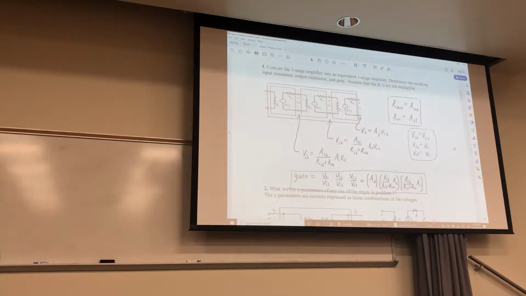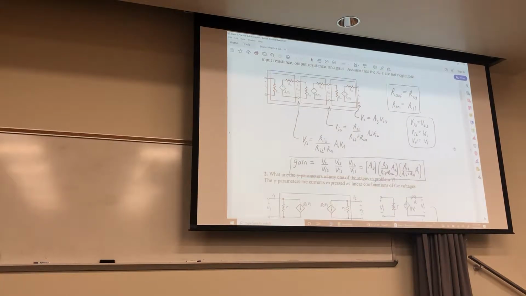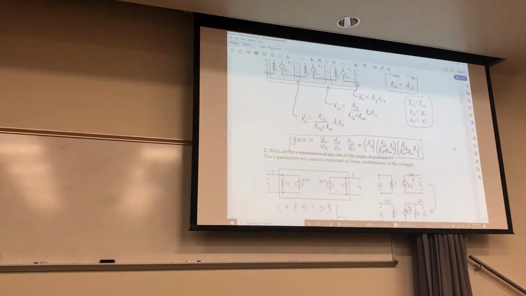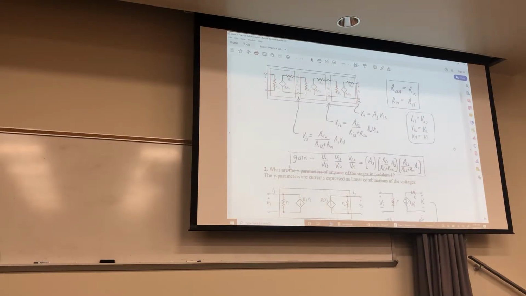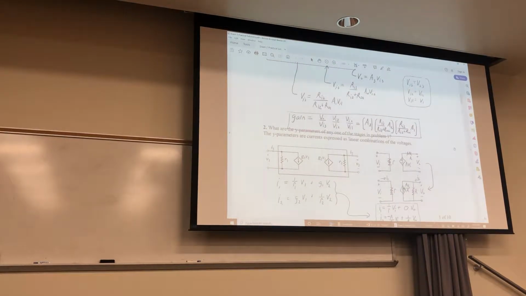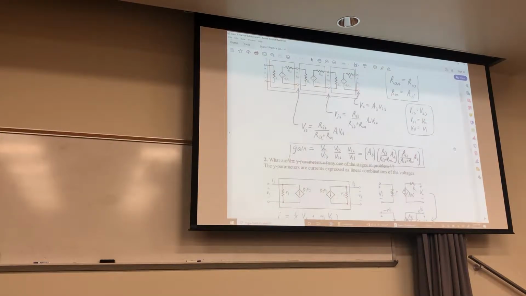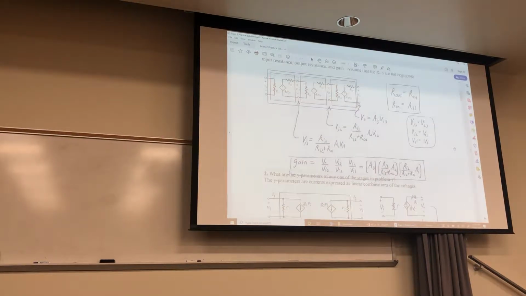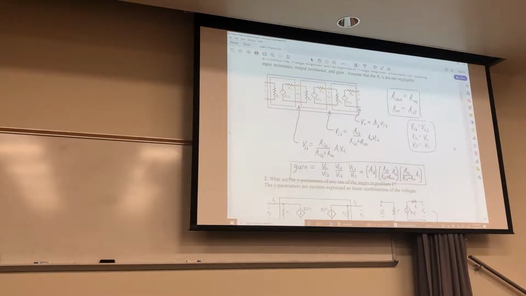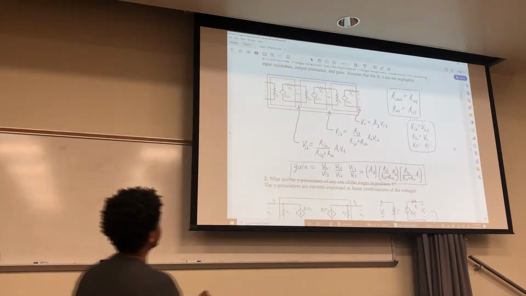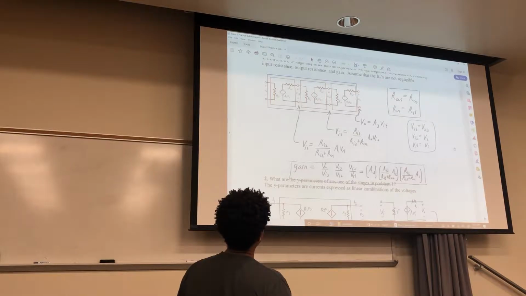I'm not sure if I made this clear in the video or not, but see that statement right there where it says assume that the ROs are not negligible? That's these guys right here.